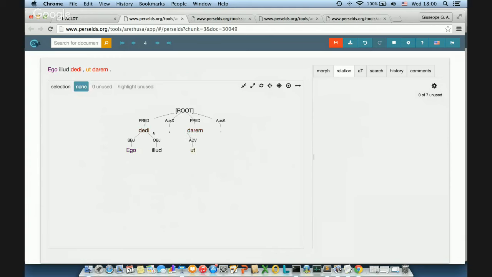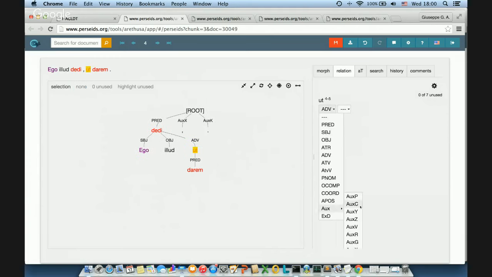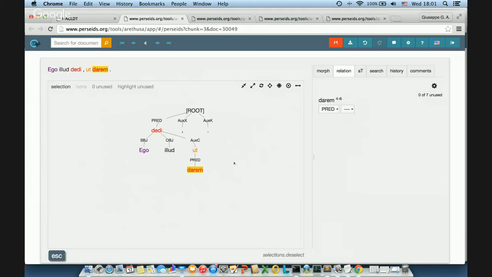The only problem here is that ut is, again, a subordinating conjunction, and darem has the function of a final clause, right?